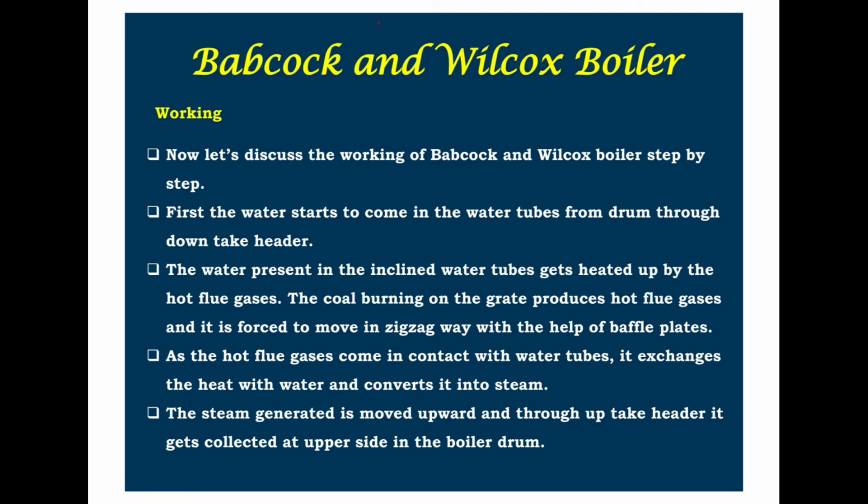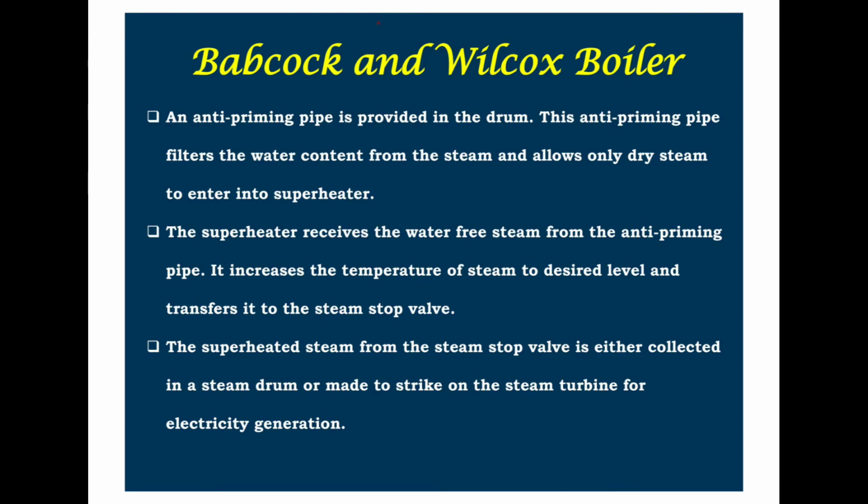As the hot flue gases come in contact with the water tubes, they exchange heat with the water and convert it into steam. The steam generated moves upward, and through the uptake header it gets collected at the upper side in the boiler drum. An anti-priming pipe is provided in the drum. This anti-priming pipe filters the water content from the steam and allows only dry steam to enter the superheater.